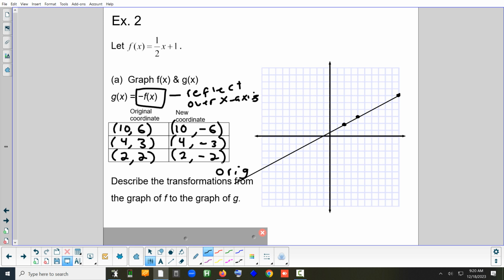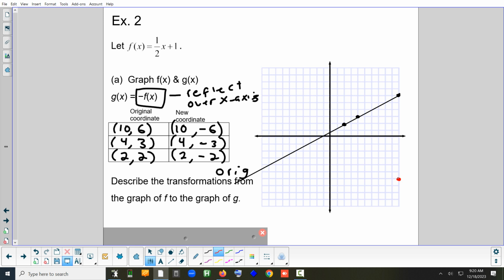All right, let's try it. How do I graph 10, -6? Right 10, and down 6. Yep, 1, 2, 3, 4, 5, 6.